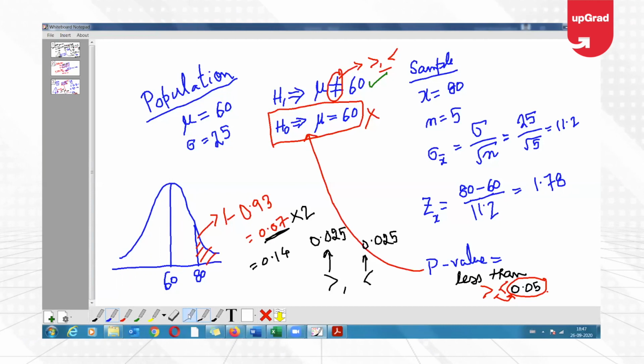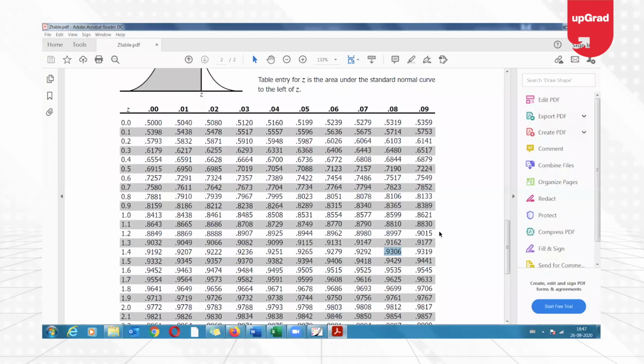So if that is the case, let's find out the p-value. For 1.78, the p-value is 0.9625.